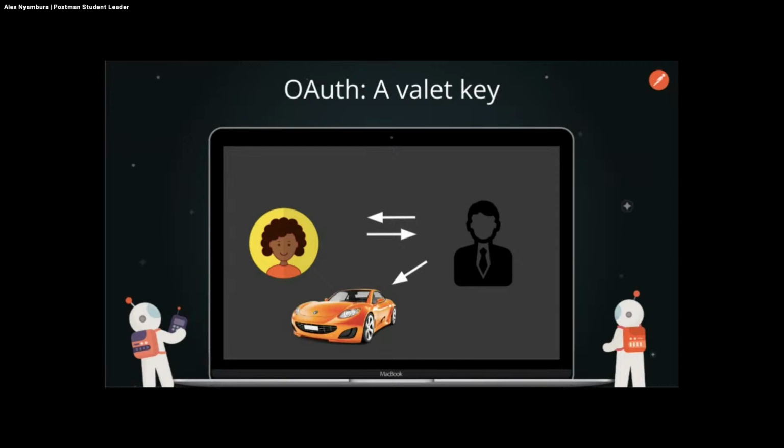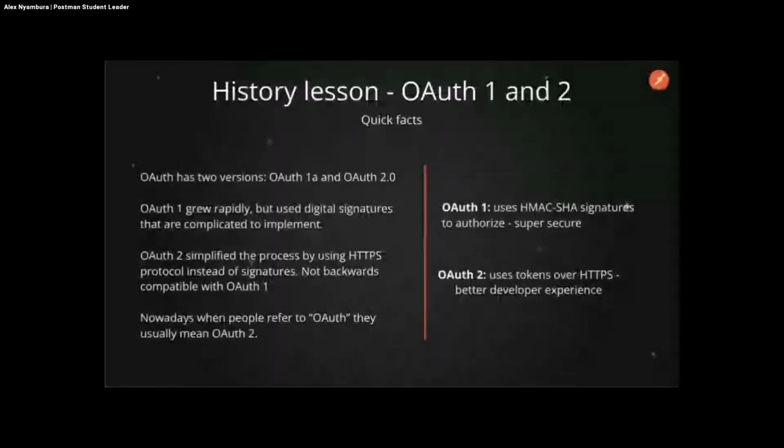So that's how you can relate OAuth with a real life scenario. We have two versions of OAuth, and the first version was OAuth 1. This mostly used digital signatures, where you had to share a secret with the application you're going to use. It was somehow complex, it wasn't easy to use. And this is where OAuth 2 came in, where everything was simple.